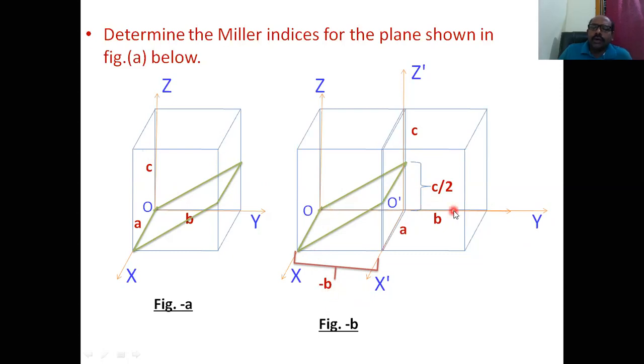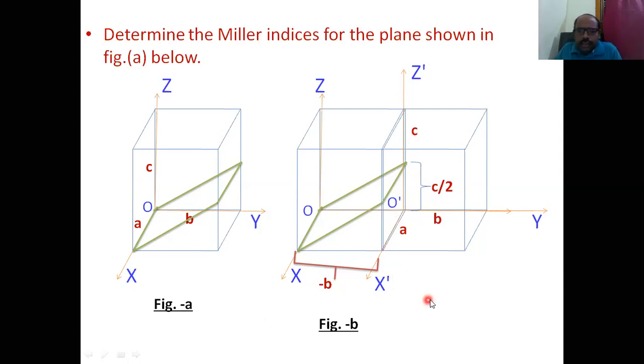It is not touching the x-axis; it is parallel to the x-axis. So there is no intercept on the x-axis, which means it intercepts at infinite. So the x intercept is infinite, y intercept is minus b, and z intercept is c by 2.